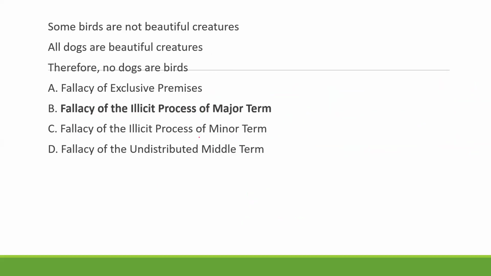Next one, this is an example. Some birds are not beautiful creatures. All dogs are beautiful creatures. Now we can see both premises and the conclusion. Which is the common term? Beautiful creatures, so that is my middle term.